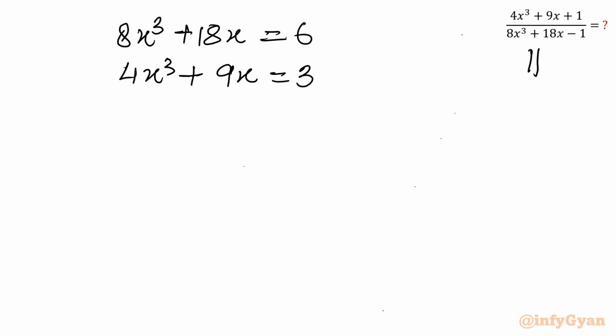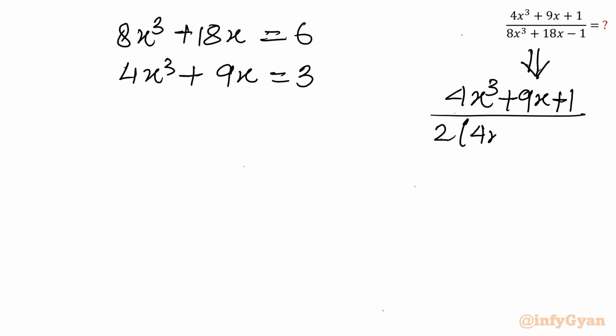Now see our expression. I will write this expression as 4x cube plus 9x plus 1 over, from first two terms 2 is common, 2 times 4x cube plus 9x minus 1. Now we can put the 4x cube plus 9x value directly, it is 3.